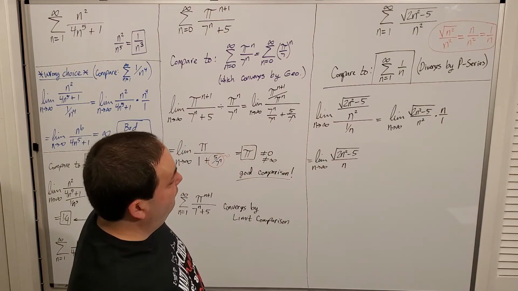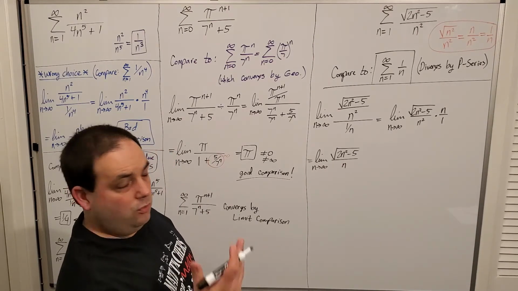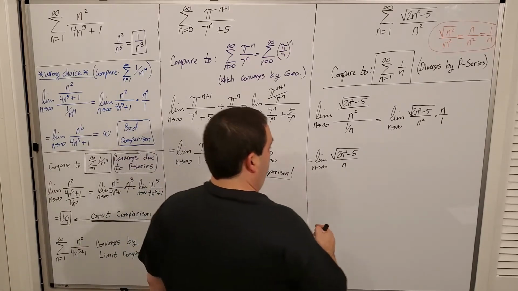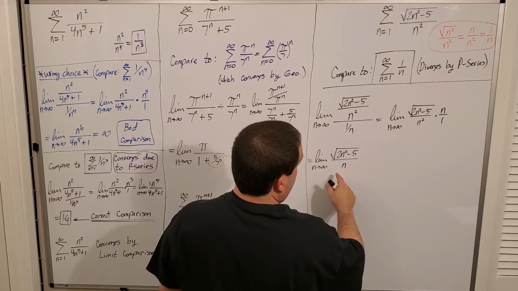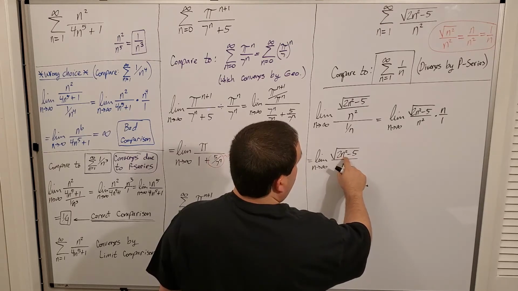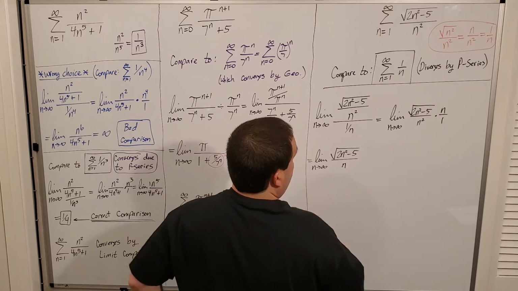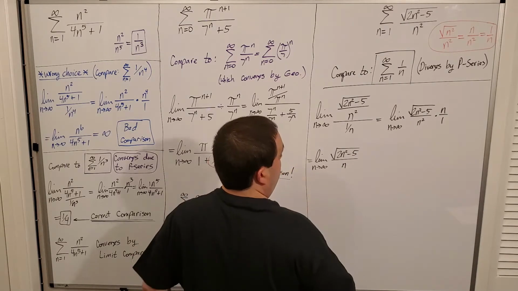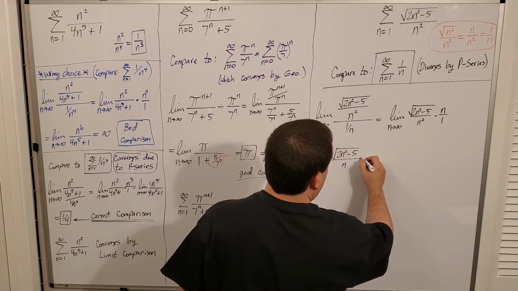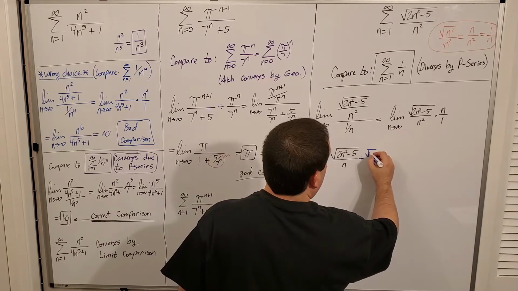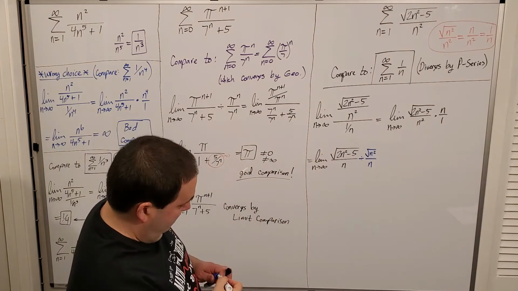And now I just need to perform this limit. Well, you can do L'Hopital's rule or whatever. But basically I can also old school this by dividing this by n squared and dividing this by n, right? So basically I'm going to divide the top and the bottom by the square root of n squared, which in this case is the same thing as n.